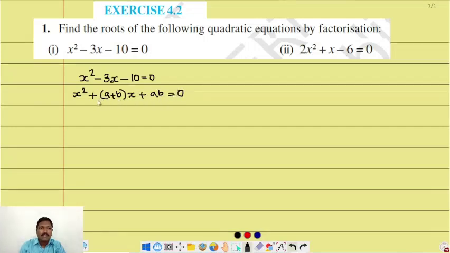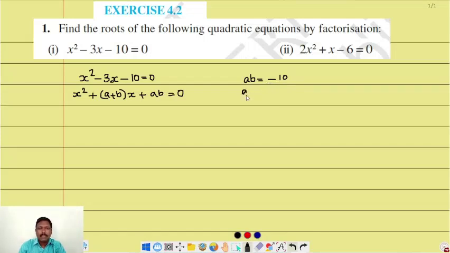While comparing this with this equation, we will get AB is equal to minus 10. That means product is equal to minus 10.